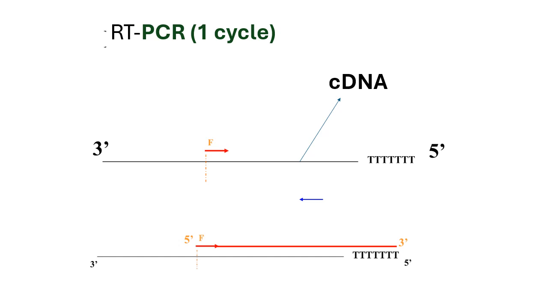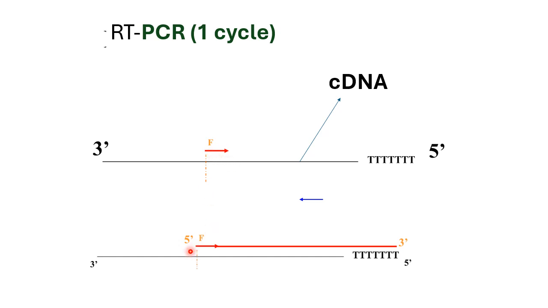And once cDNA is synthesized, it is a single-stranded DNA molecule. So in the first cycle of PCR reaction, only forward primer can find the complementary sequence. Of course, primer will be specific for particular cDNA we are interested in.